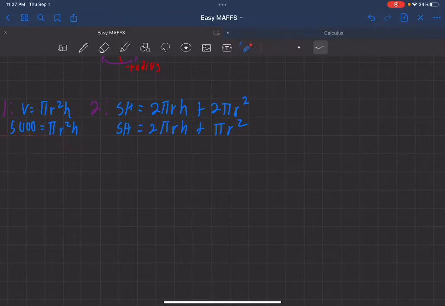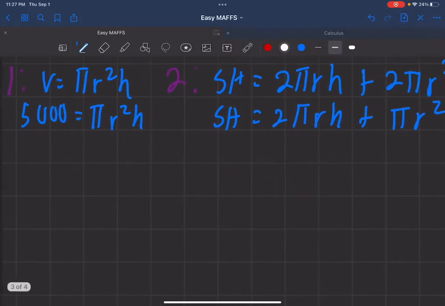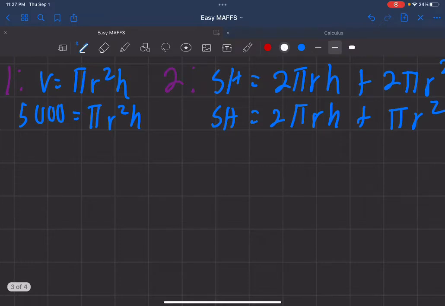And in this instance, I think it's better to get our surface area as a function of radius. Why? Well, if we go back to our volume equation and want to isolate for the radius, we'd have to divide both sides by h and pi and then square root. That's just a little bit too much work. So instead, we can just isolate for h.